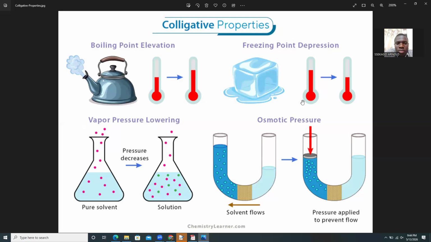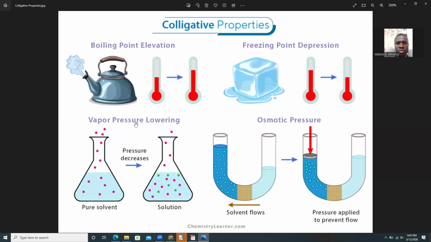However, if you add some impurities to that water, the freezing point will further decrease to negatives. If initially it is at 0 degrees centigrade, then it will further decrease to, say, minus 10 degrees centigrade. Why? Because now you also need to cause freezing of those impurities that are there. So therefore, freezing point has to decrease.